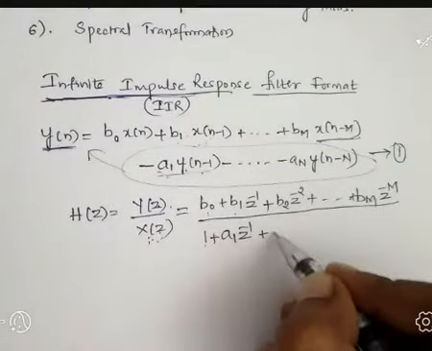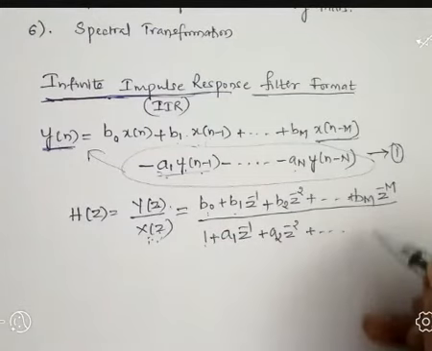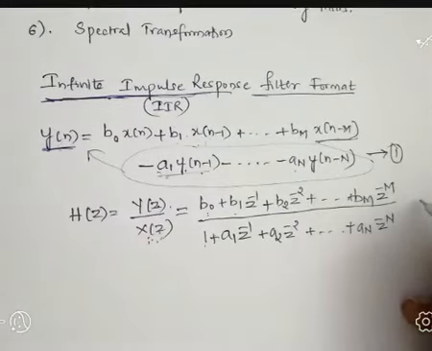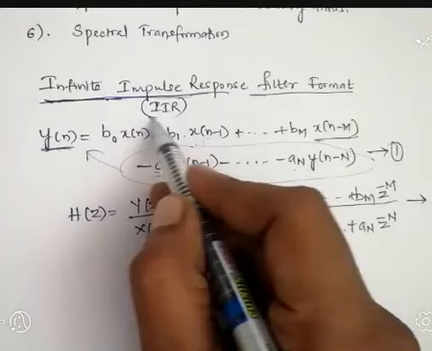Similarly a2 z to the power minus 2, and so on up to plus aN z to the power minus N. I'm going to represent this as equation number 2. So equation 2 gives the transfer function of the IIR filter.